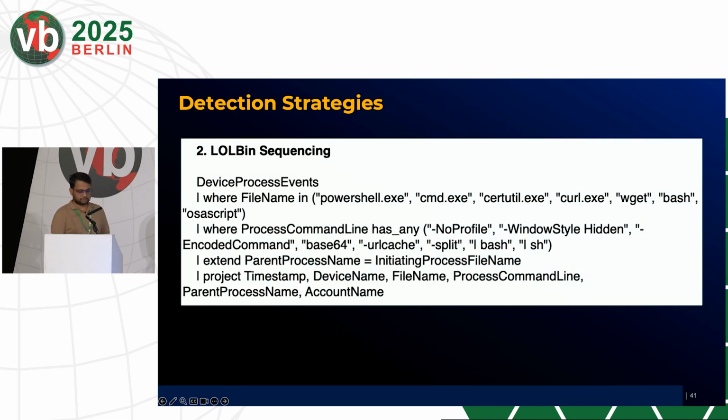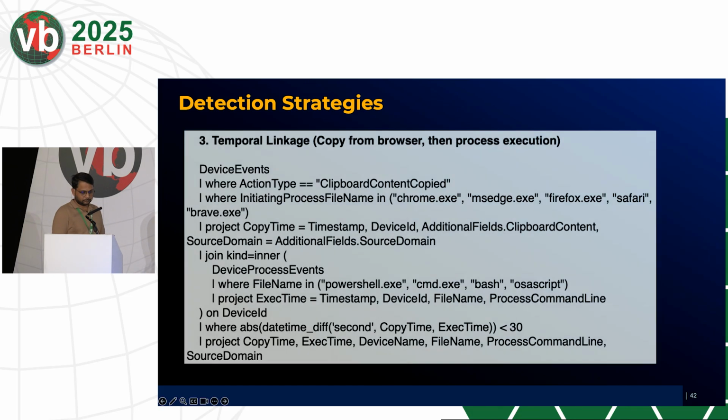Then LOLBin sequencing. We need to create analytics for LOLBin PowerShell with parameters like no profile, hidden, to retrieve network connections immediately, with child processes, and we are seeing base64 encoding as well. So we need temporal linkage between the copy from the browser and the process execution.